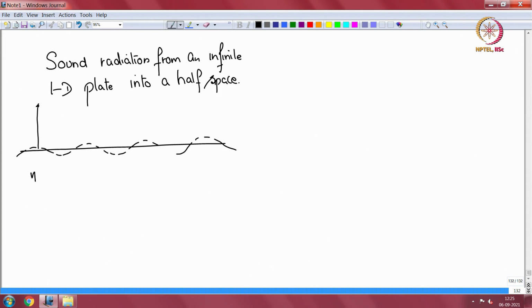Let us say eta of x comma t is eta tilde e to the power of j, omega t minus kp x. For this case, omega is my choice, we can choose, and we will choose kp also. And this is the acoustic half space.